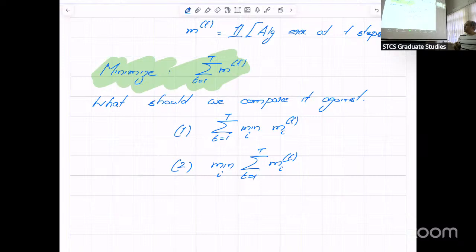One is smaller. One seems a bit unreasonable because each time it could be that there's one guy who gets it correct and it could keep changing. I have no further information. So what we will try to do, at least initially, is guarantee that the number of errors the algorithm makes is not too far away from, in hindsight, the best expert among the experts whom I'm following.